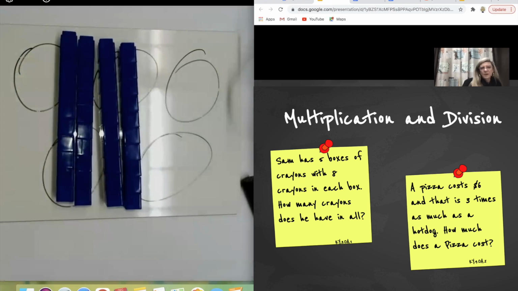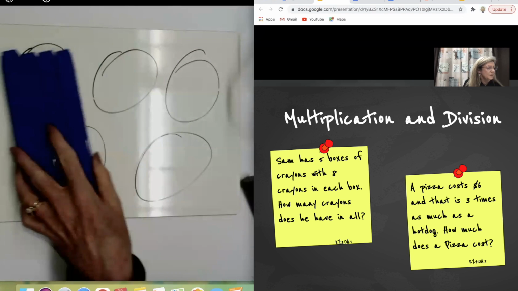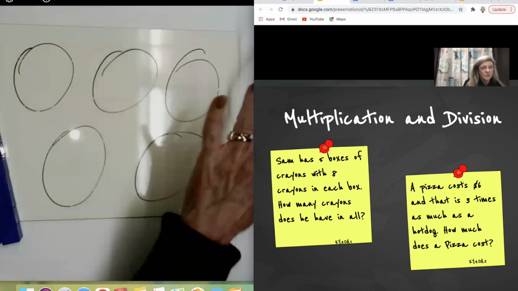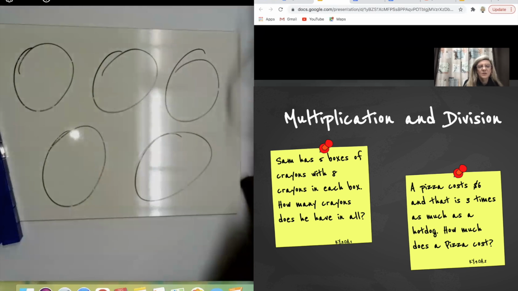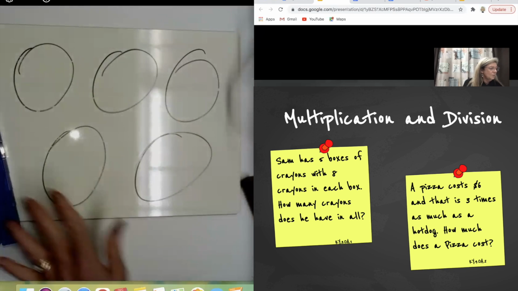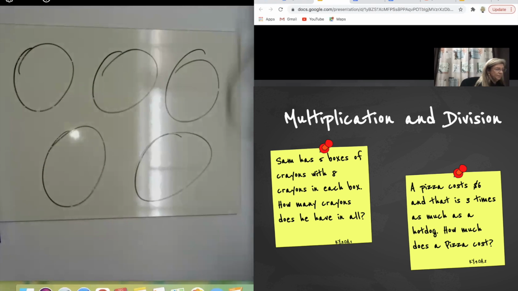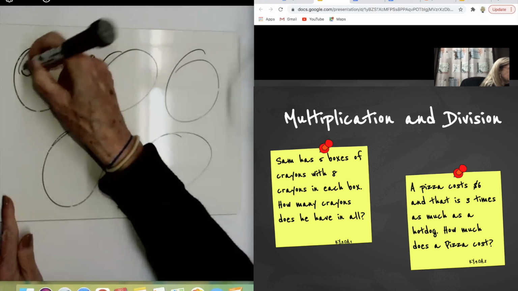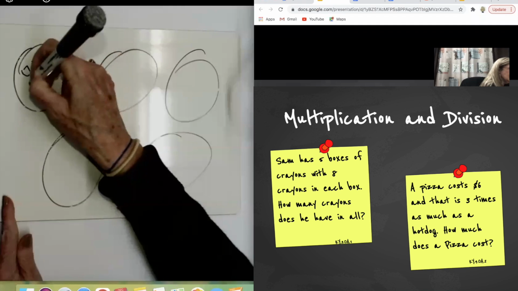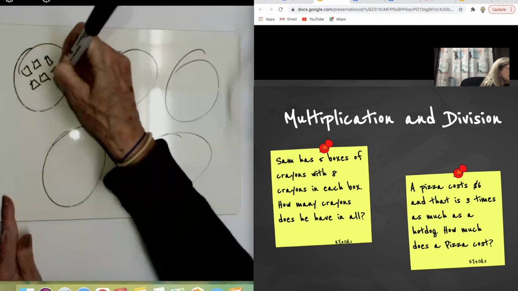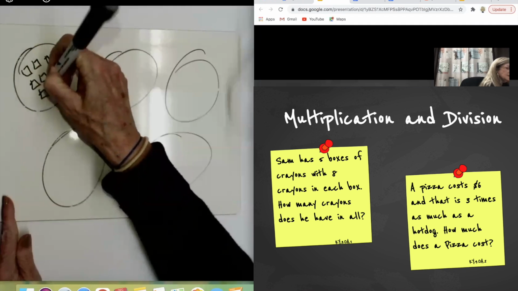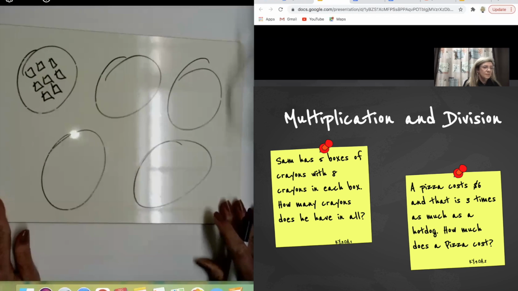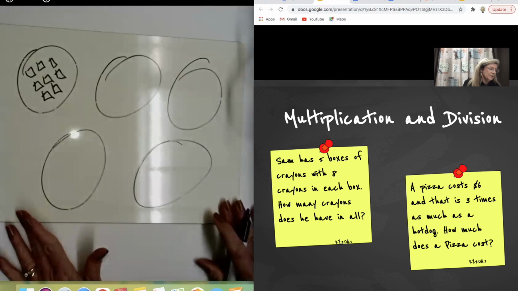That's not the only way you could model it. You could use different tools, you could use different resources, and of course, once you had done this with your concrete, you could have moved it to the semi-concrete where I would draw, and I would put 8 in each group. And I do that for each group, and I have the kids do that.